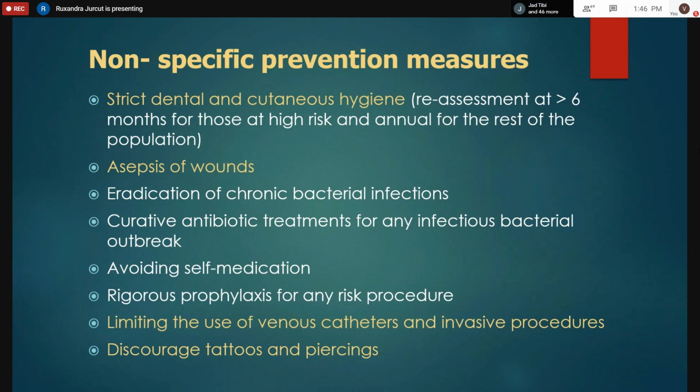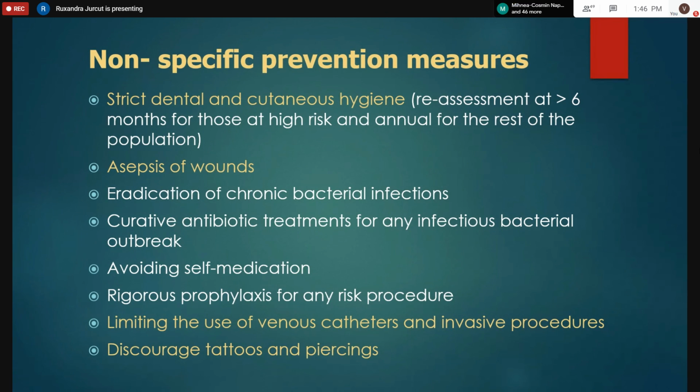They should limit their venous catheterizations, blood drawing, invasive procedures, because any of these procedures has a high risk of germs in the blood. And as funny as it might seem to include this, in patients who are at high risk, we should discourage tattoos and piercings, because that can become a sort of passion for young people.